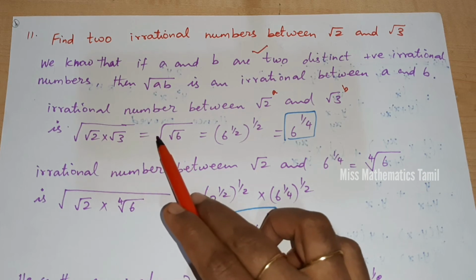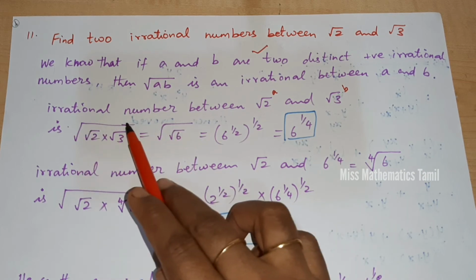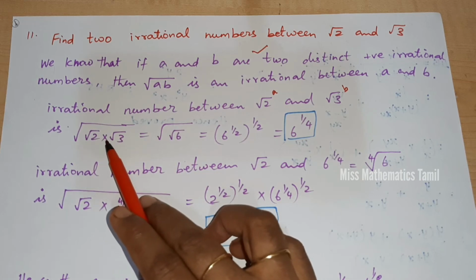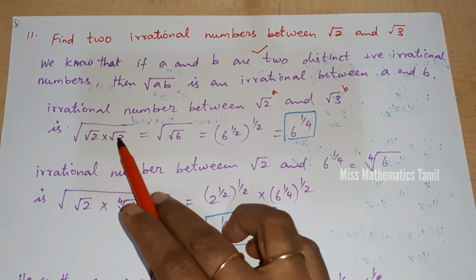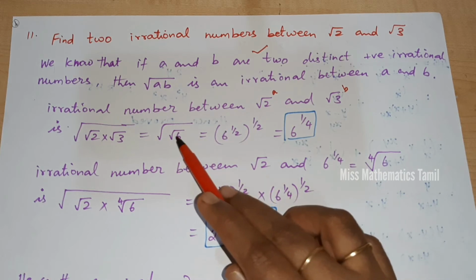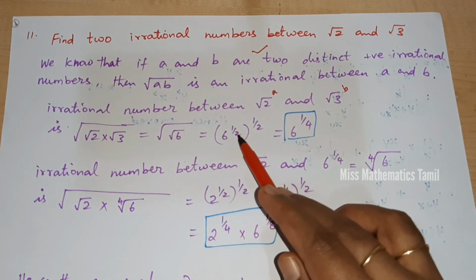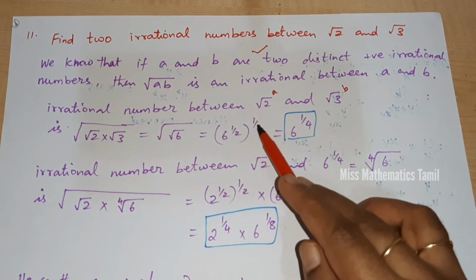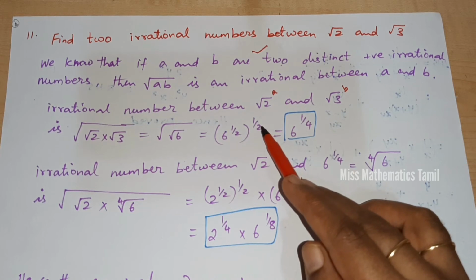See carefully, this is the outer root. Inside we have one more root. Root 2 into root 3, root 6. After that, root 6, I am writing 6 to the power of 1 by 2. Again this root I am going to write 1 by 2 again.